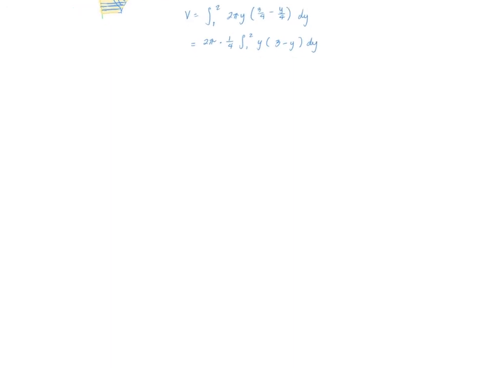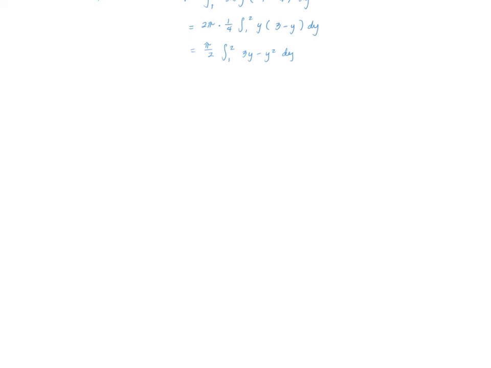And then distributing the y. On the outside, I'll have pi over 2. In the integral, once I distribute the y, it becomes 3y minus y squared dy. And you didn't have to. You can always keep the constants in. You never really have to pull them out. So I have pi over 2. This is going to be 3y squared over 2 minus y to the 3rd over 3, evaluated from 1 to 2.